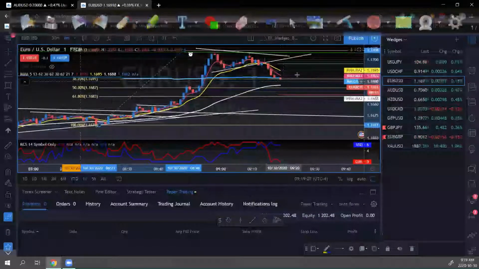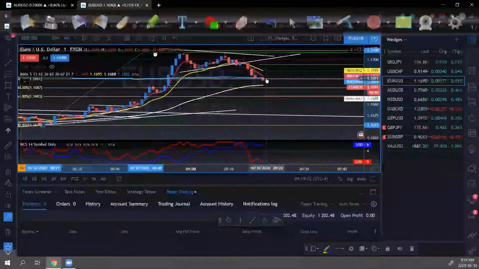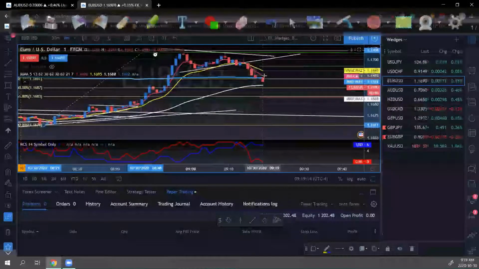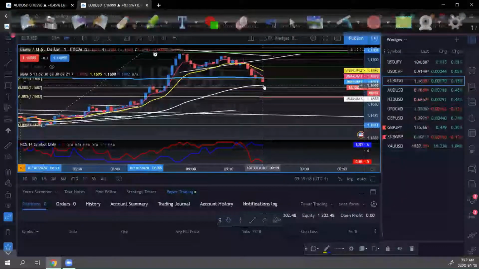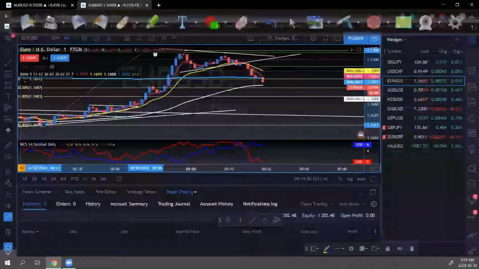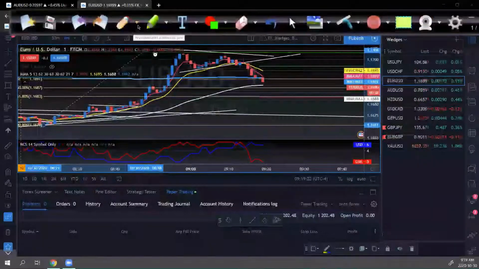It's probably just going to reject price. If it bounces off of this 1-minute 62, and these two moving averages come down and do not cross the 1-minute 62, it just does something like this. Hold on.